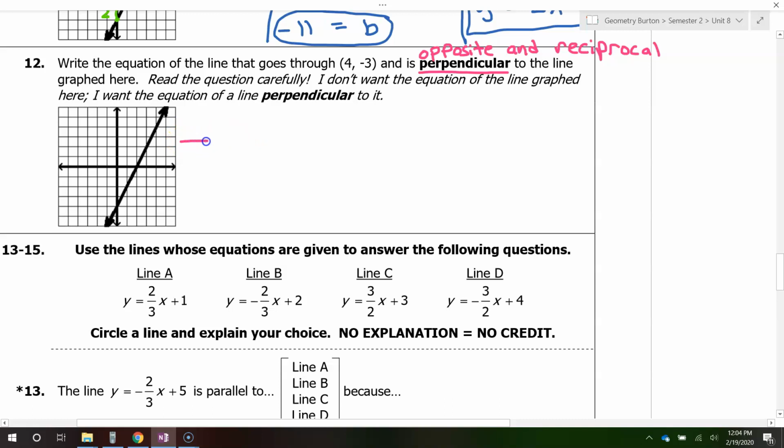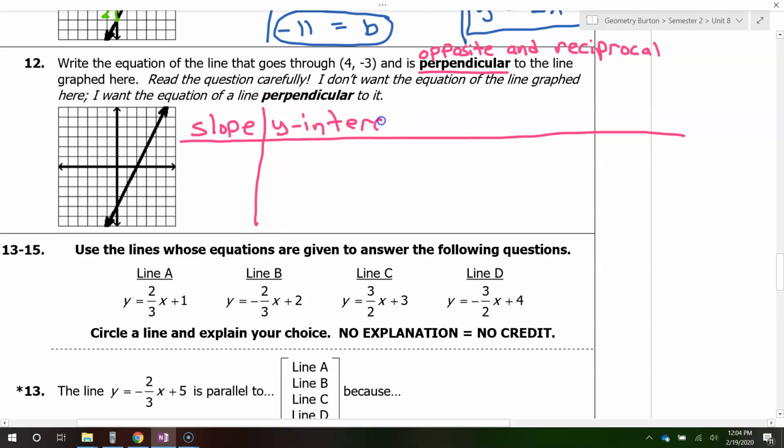So when I do my usual graphic organizer, I'm going to do slope, y-intercept, and then I will write the equation.